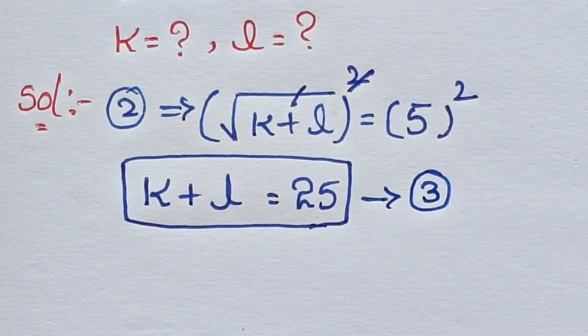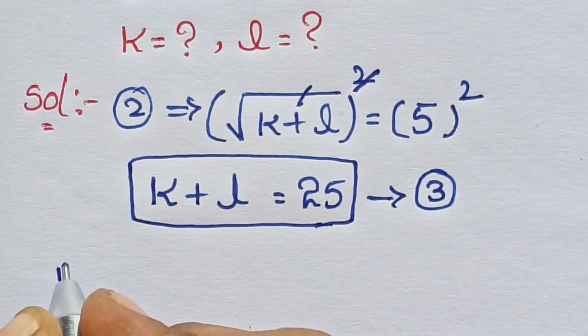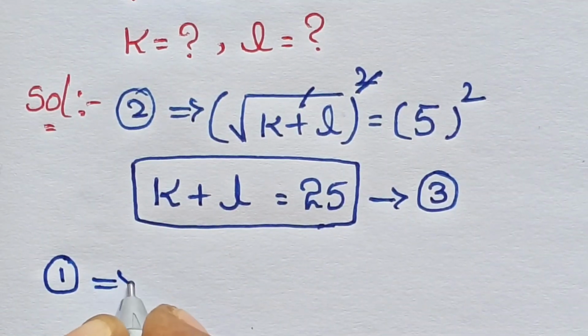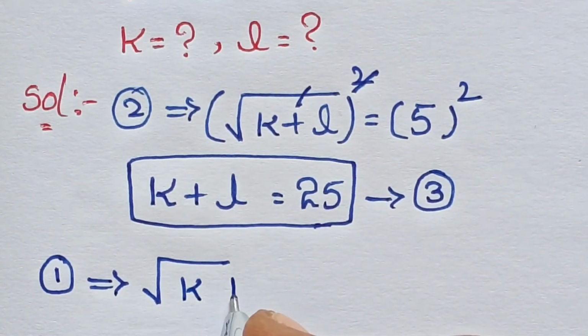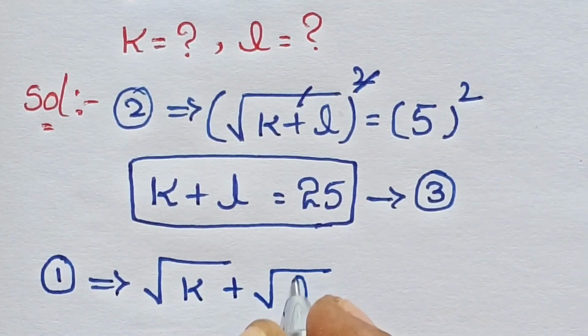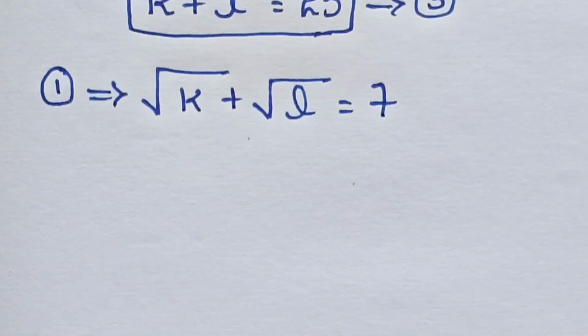Equation 3. Equation 1: square root k plus square root L is equal to 7.